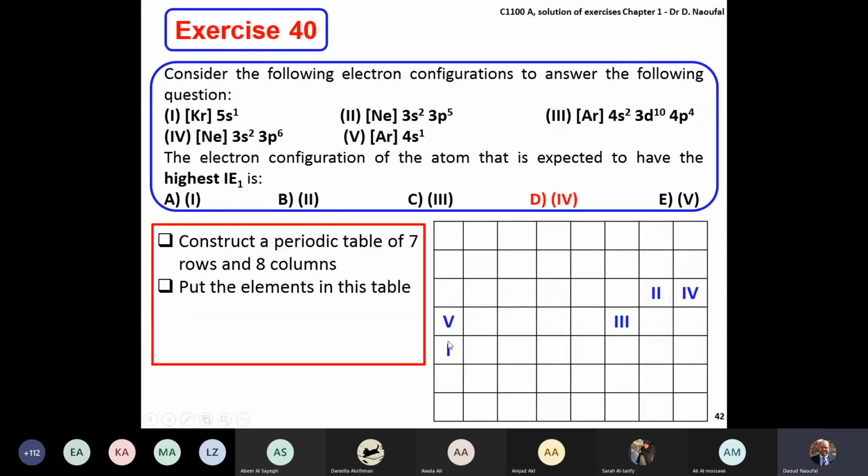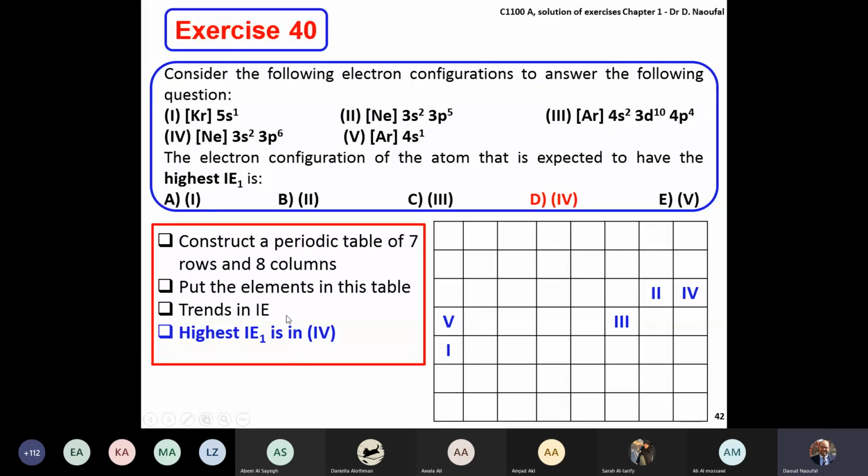So we put the elements in the periodic table we constructed, and now we follow the trends of the ionization energy IE1. IE1 increases from down to up, from left to right, and pay attention to the exceptions between group 2 and 3, group 5 and 6.